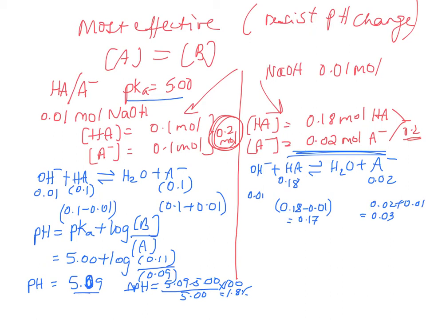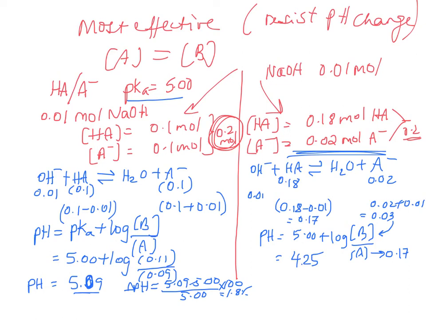And so now if you use the Henderson-Hasselbalch equation again, you're going to get base over the acid, and when you plug in the numbers, 0.03 for the base, 0.17 for the acid, it comes out to be 4.25.